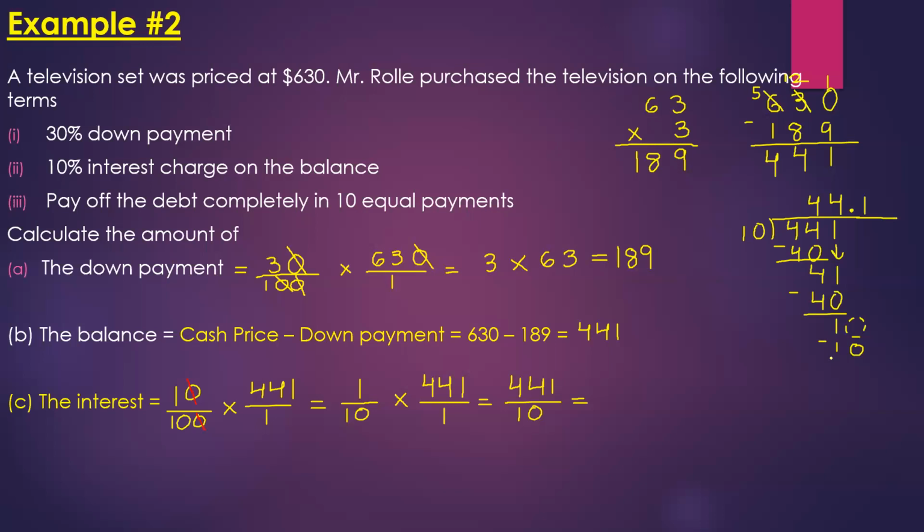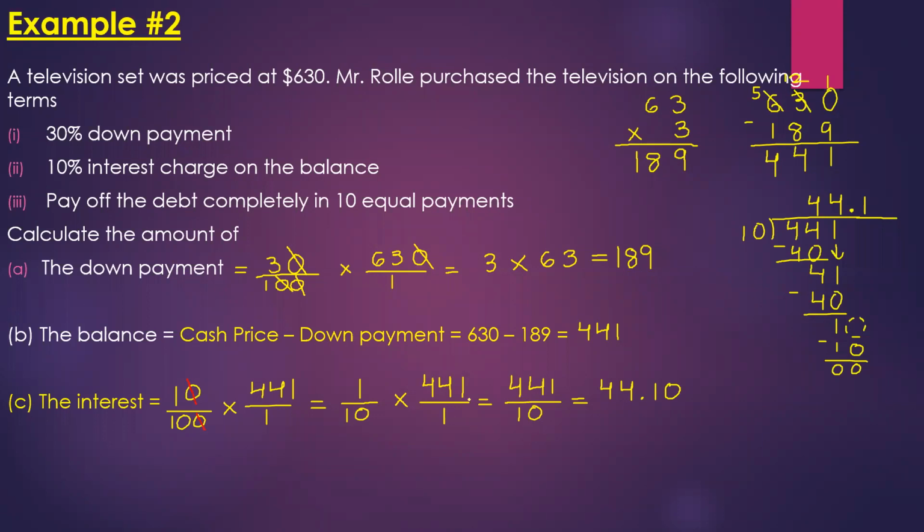So 10 minus 10 is 0. So the answer is what? 44.1. But remember, we put 0 as a placeholder, right? So it's going to be $44.10.